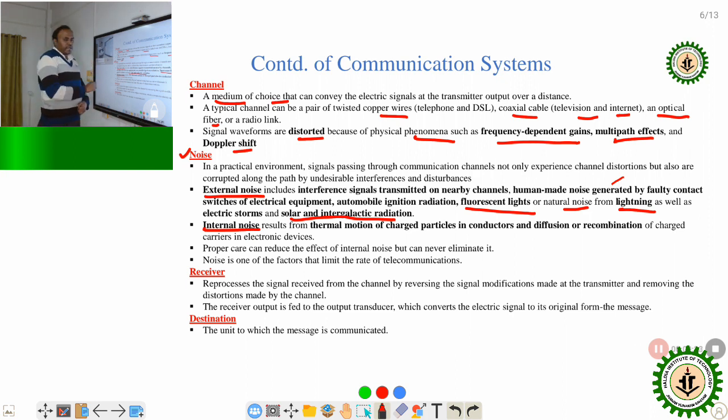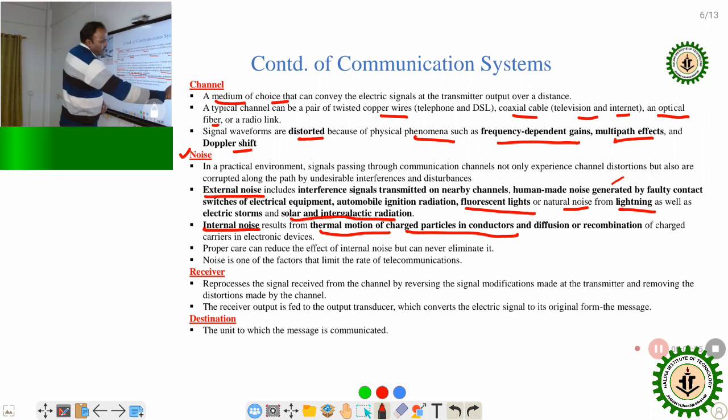But internal noise is also present at the receiver end when semiconductor devices are used. So how is this internal noise generated? It comes from the thermal motion of charged particles in conductors, and diffusion or recombination of charge carriers in electronic devices.